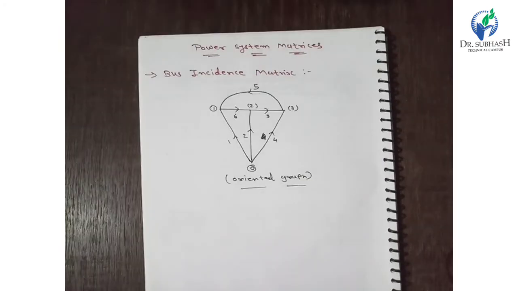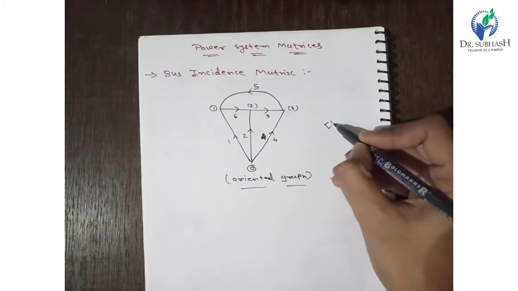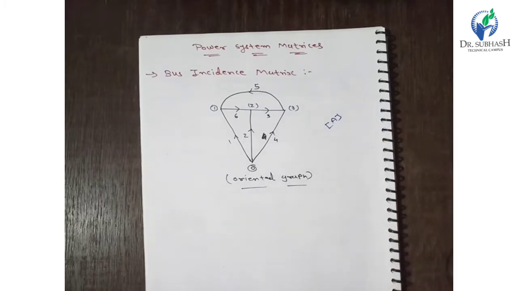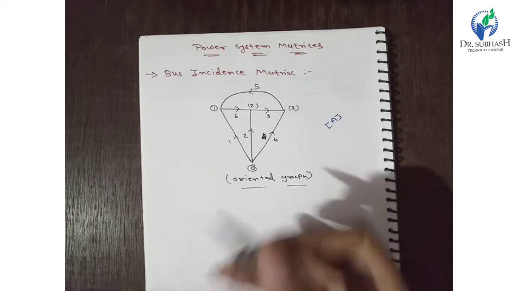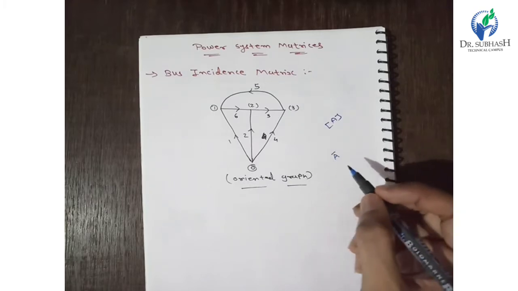The bus incidence matrix is denoted by A, and it is nearly the same as the element-node incidence matrix. The bus incidence matrix is obtained by deleting the column corresponding to the reference node in the element-node incidence matrix. This matrix, A bar, is called the bus incidence matrix.